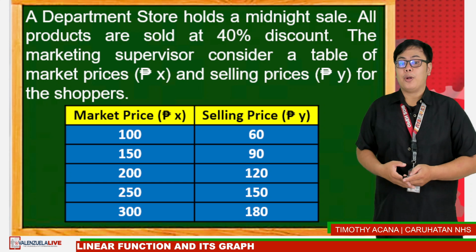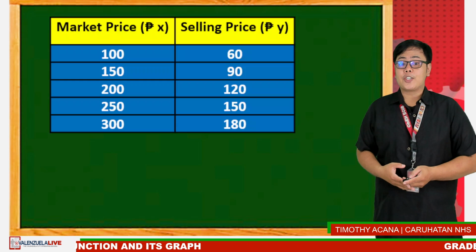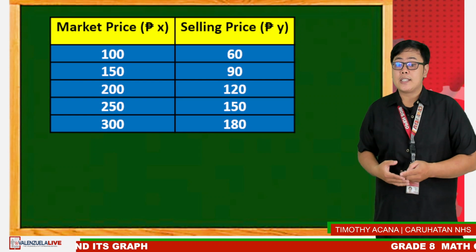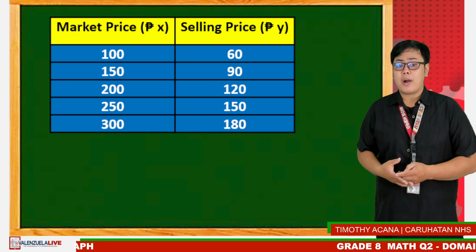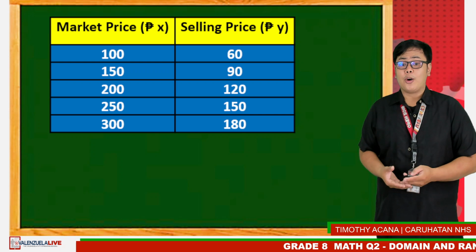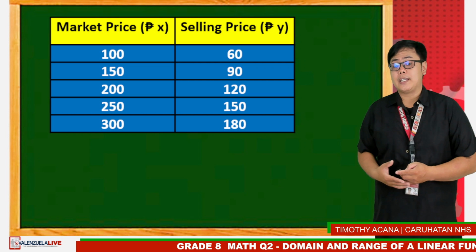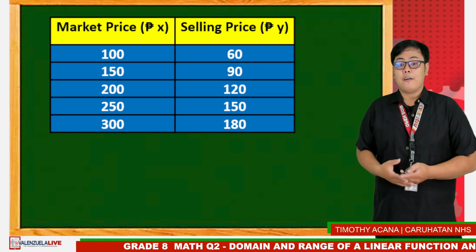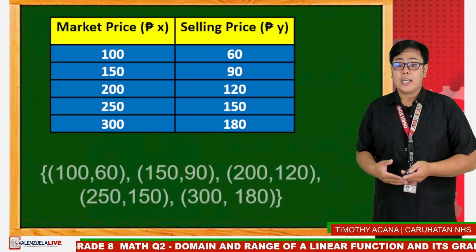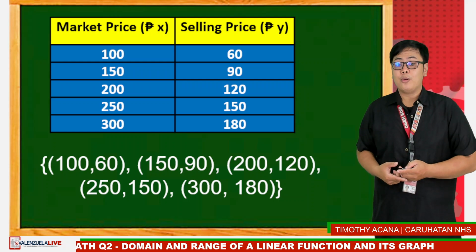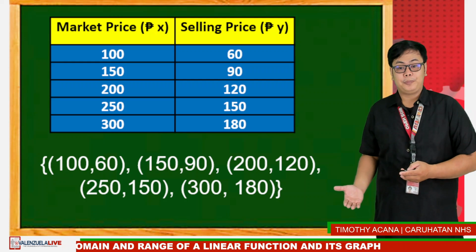In the given table, the first column represents X as the value of the market price, and the second column represents Y as the selling price with a 40% discount. First, let us identify the ordered pairs of the given table, which are as follows.